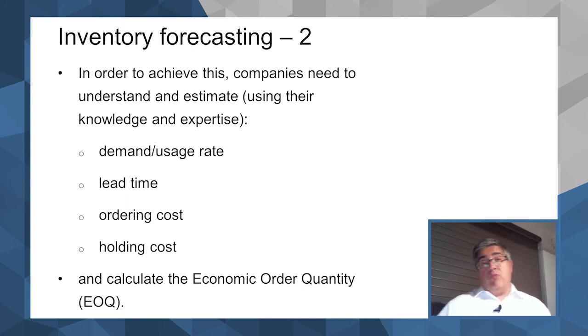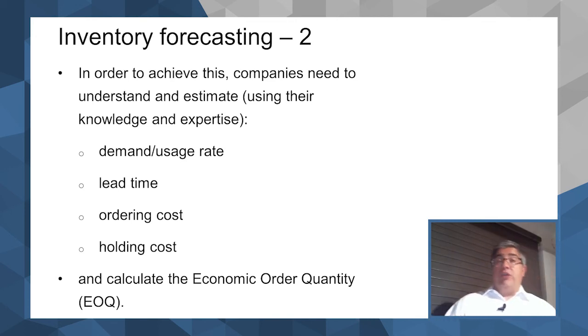An ordering cost will include things like placing an order, the documents, etc. Transportation. If the stock comes from abroad, any paperwork for the border controls and any taxes or duties that are due.